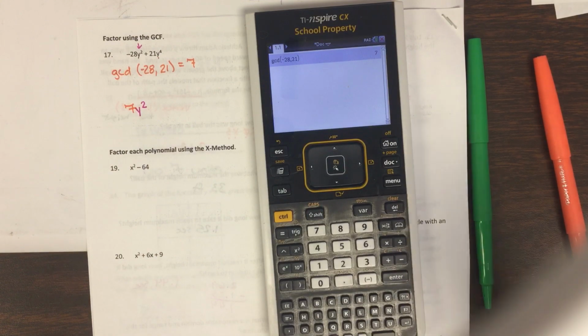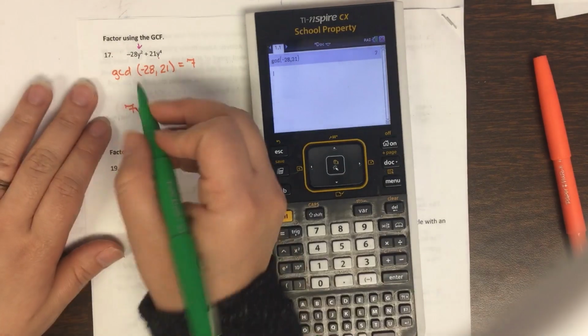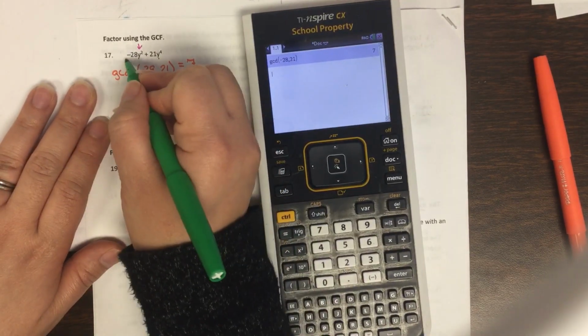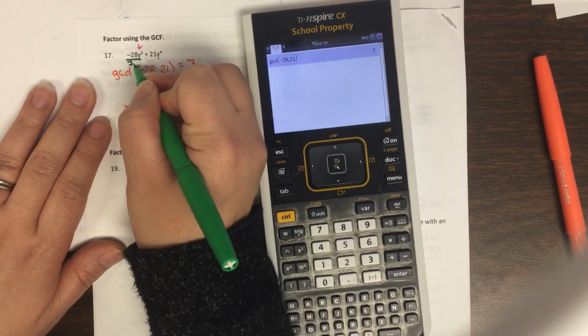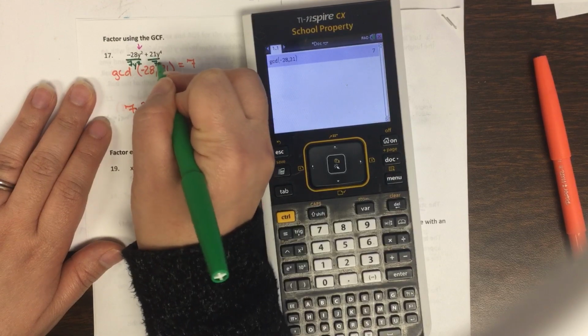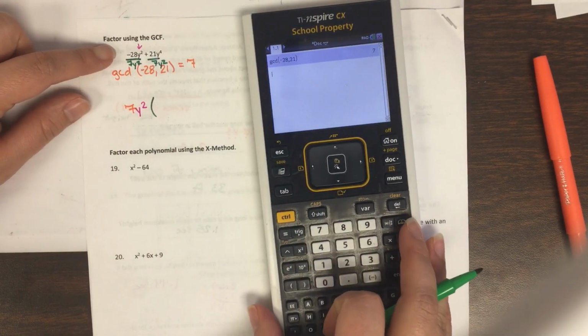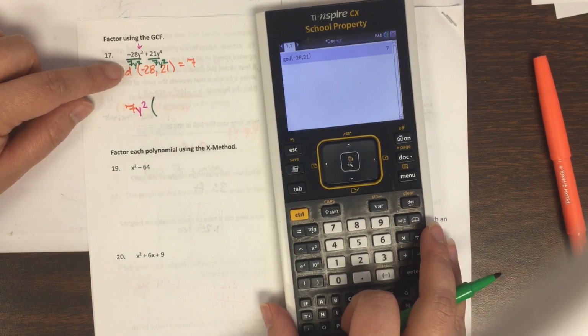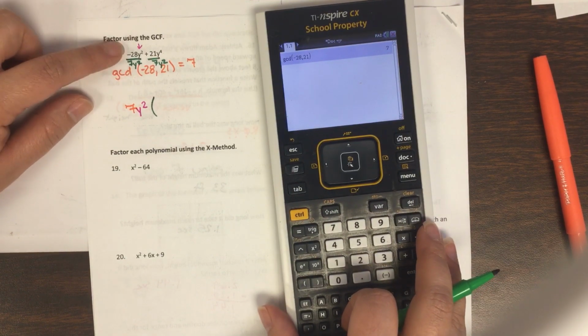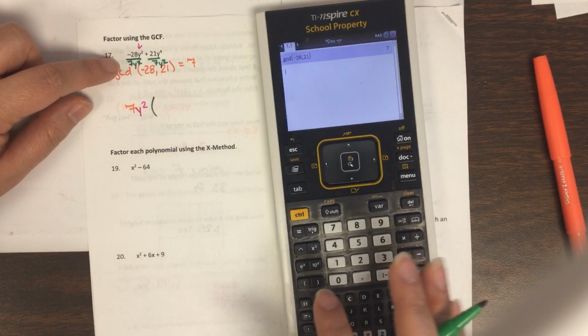Now I have to go back and factor using the GCF, and that means I have to go back and divide. I'm going to divide all of this by 7y squared. So negative 28y squared divided by 7y squared. You can type the coefficients into the calculator if you need.